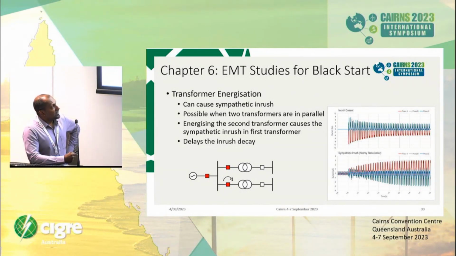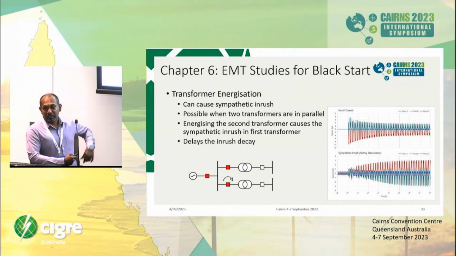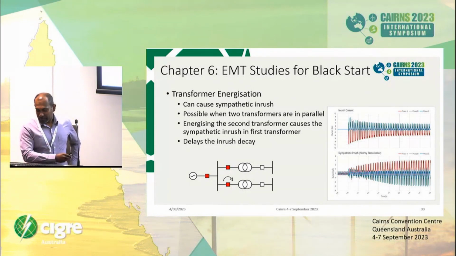During energizing of the second transformer, the inrush current could lead to voltage distortion on this bus, driving the already energized transformer into the saturation region again. As you see here, the top one is the second transformer, the bottom one is the one already energized. It is getting into the saturation region and can draw some inrush current. So this is called sympathetic inrush. That's also a possibility.